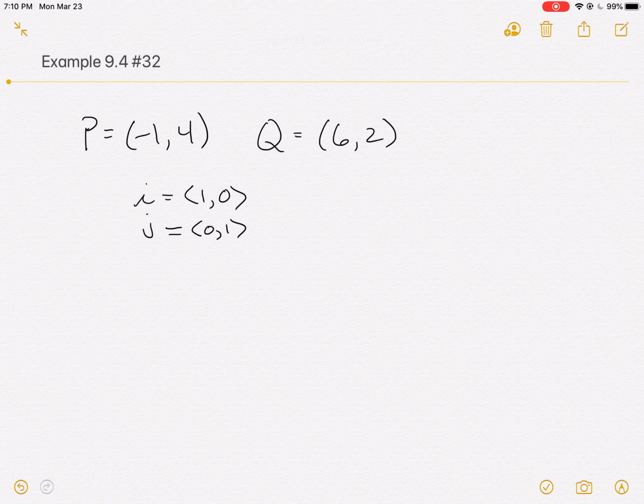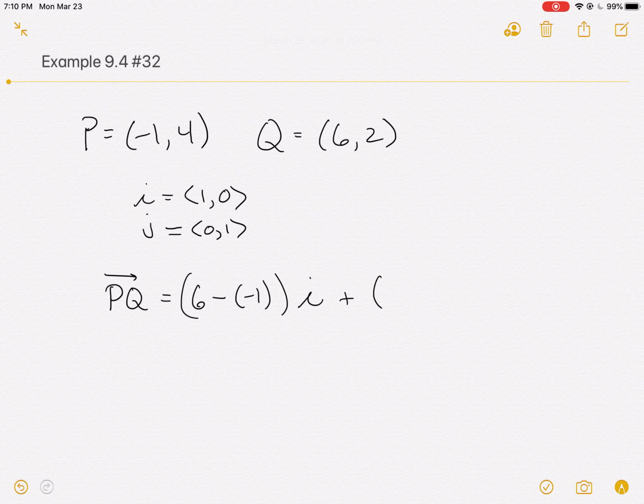So as we go to compute these, and this is just a rehash, I guess, of your last class of examples you probably already looked at, but it's very simple to determine what the PQ vector is. So the PQ vector would be simply the vector that is a subtraction of the 6 and the negative 1, and that's going to be associated in the x direction, so the i direction.